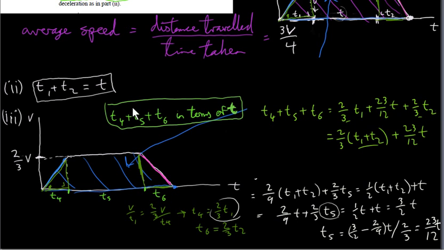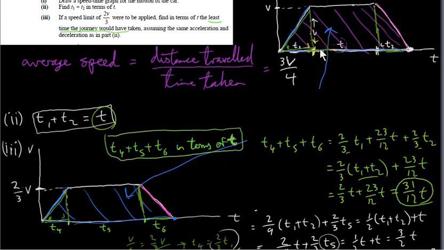But then we see that t1 plus t2 is just t, so that's working out well. So we get 2/3 t plus 23 over 12 times t. And there's our final answer. That's t4 plus t5 plus t6 in terms of t, where t was the time taken for the car moving at constant speed for the journey of part 2.